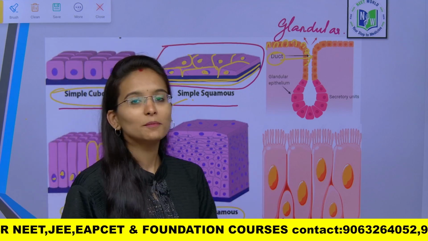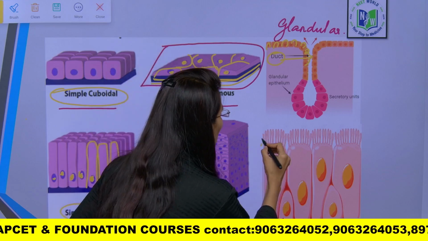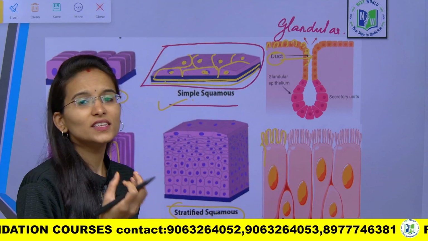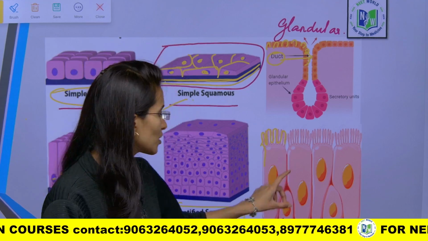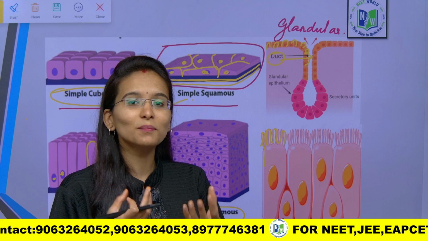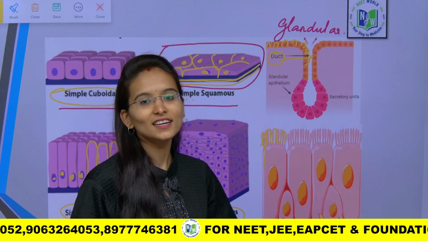In the ciliated epithelium we can find hair-like or finger-like projections. These are just simple hair-like outgrowths of this particular tissue. This is called ciliated epithelium.